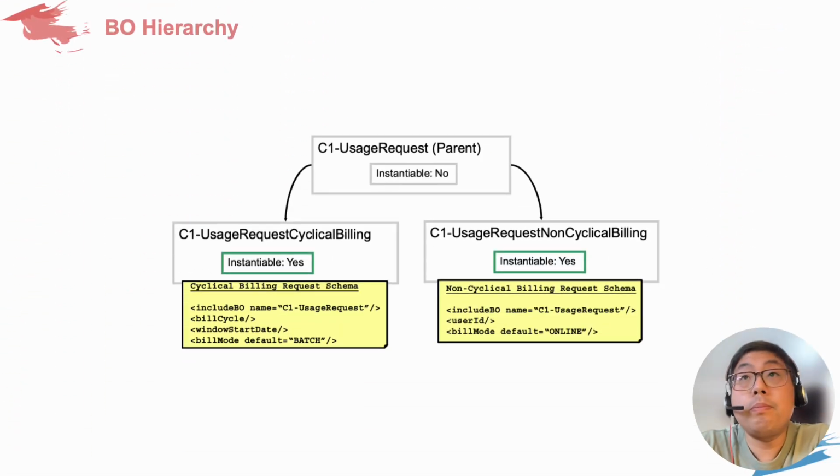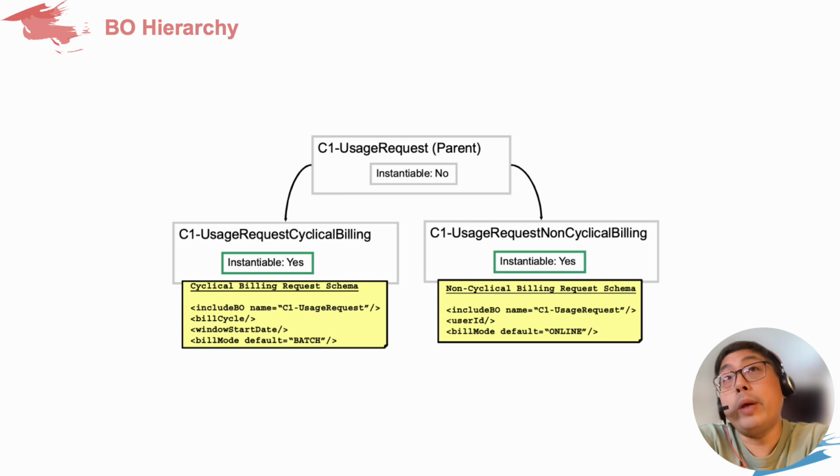Now for the business object, from the CCMB side, we have the C1 usage request parent, which is not instantiable. Then you have the child. I think this is a bit old actually, because this is probably the old way of usage request before C2M.